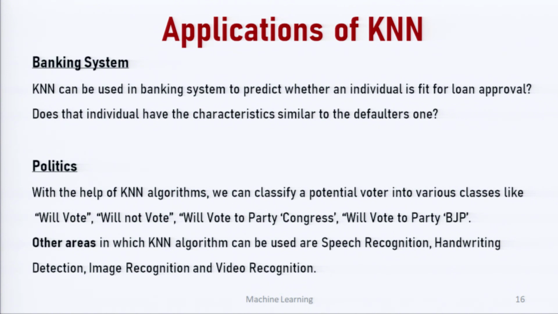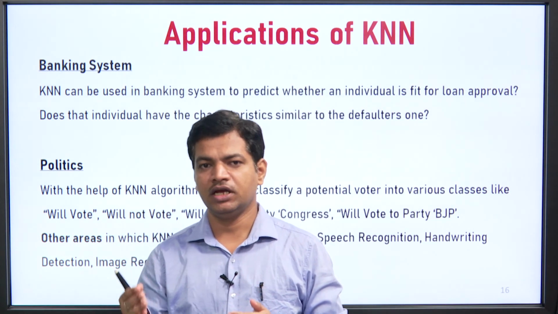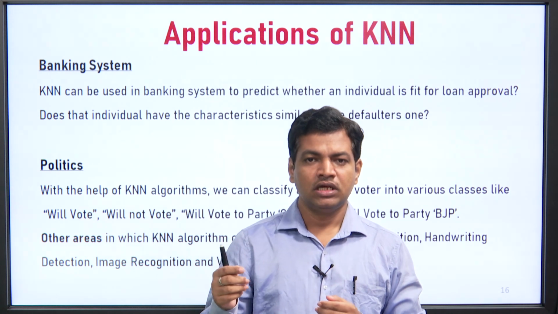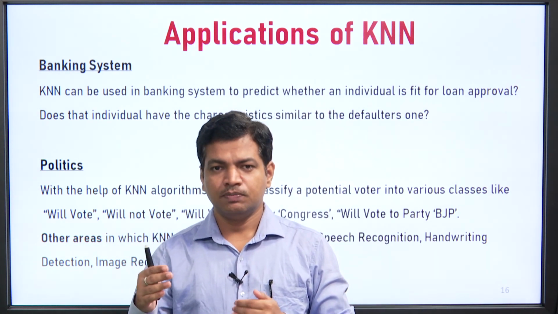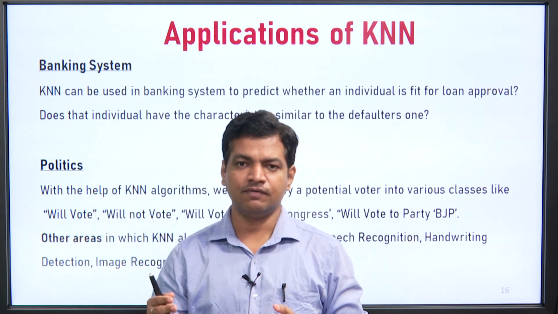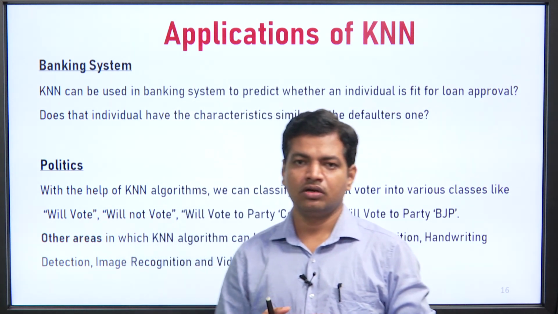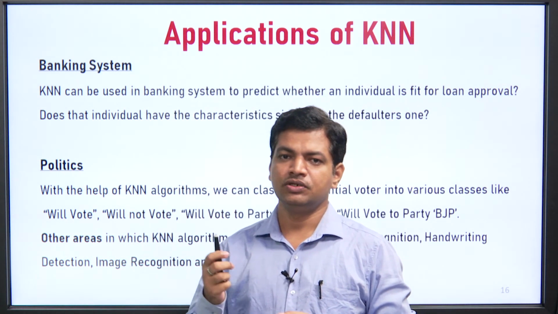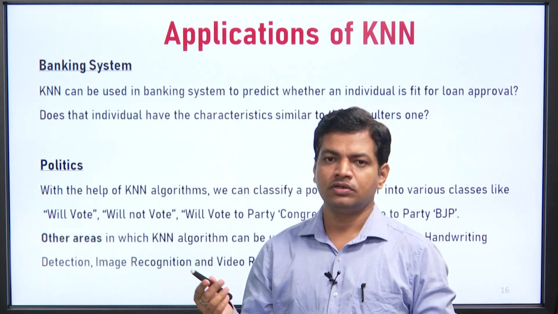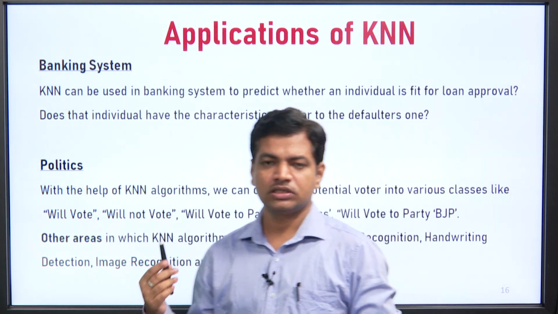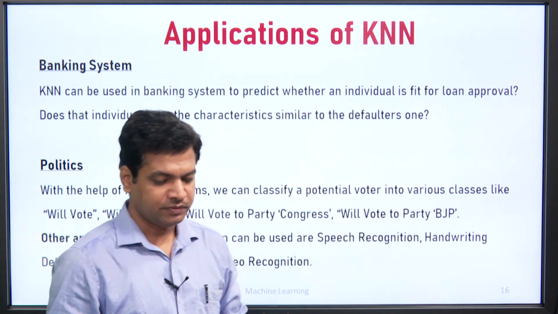Those records will be maintained, and if a next person comes in and wants to take a loan, then seeing the previous history data, the individual features, maybe their age, their income, will be the inputs for the new entrant applying for a loan. His data will be taken and applied in the KNN algorithm to find whether the loan has to be approved or not. So, this KNN algorithm is used there.